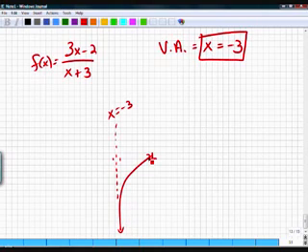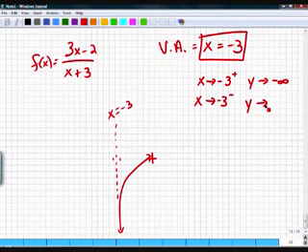And you could write it like this: as x approaches, here's new notation, you've never seen this before. As x approaches -3 from the right side, you could put a plus sign up there because it's approaching from the positive side, y approaches -infinity. Makes sense? And then as x approaches -3 from the left side is what we're going to do next. Y approaches, I don't know.